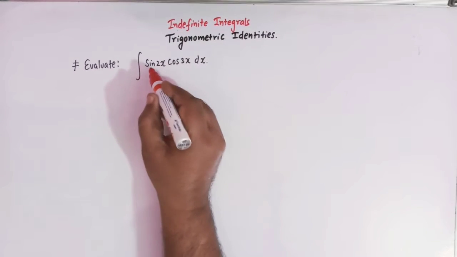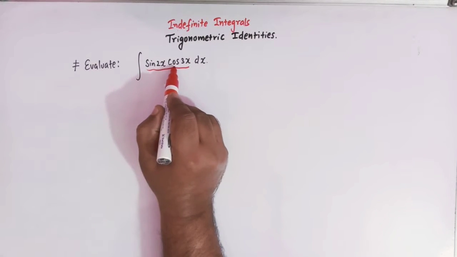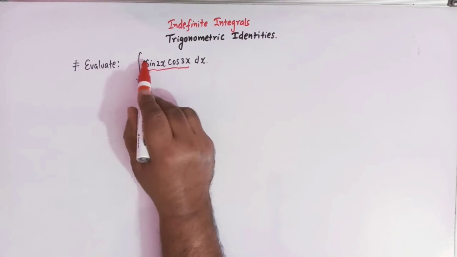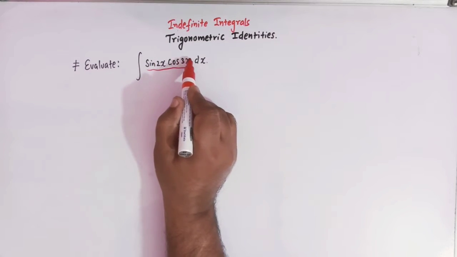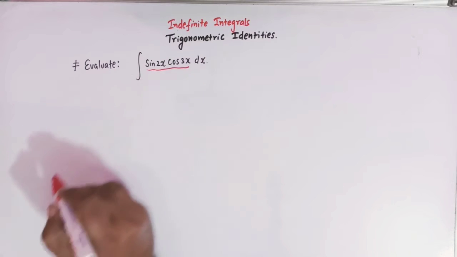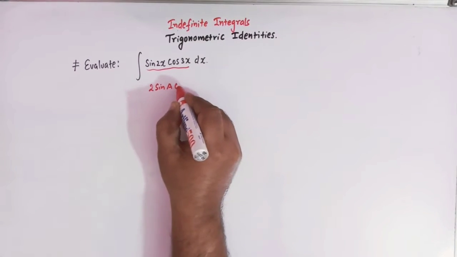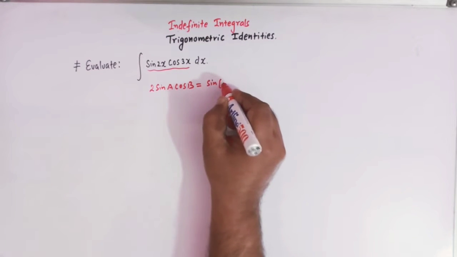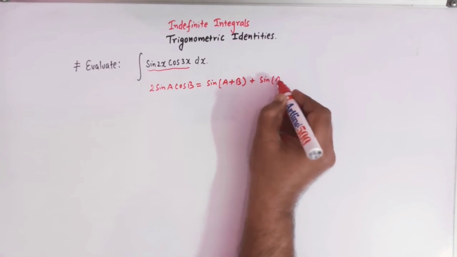Here our integrand is sine 2x cos 3x, so we have the product of a sine function and a cosine function. In order to integrate this type of problem, we will use the identity 2 sine a cos b is equal to sine(a plus b) plus sine(a minus b).